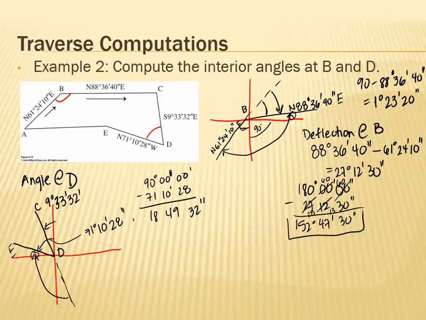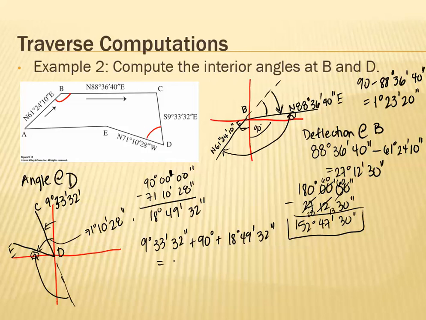Oops, these are opposites. And then, so, okay, sorry. I'm on track now. I have this, plus 90, plus this 18, 49, 32.